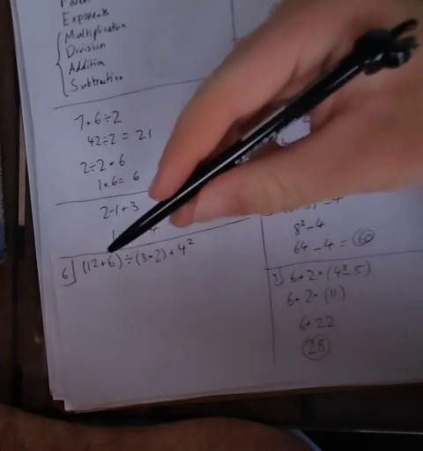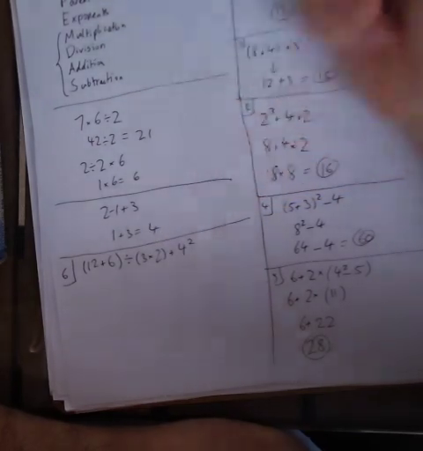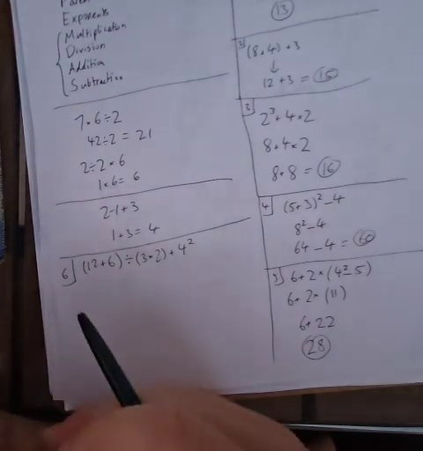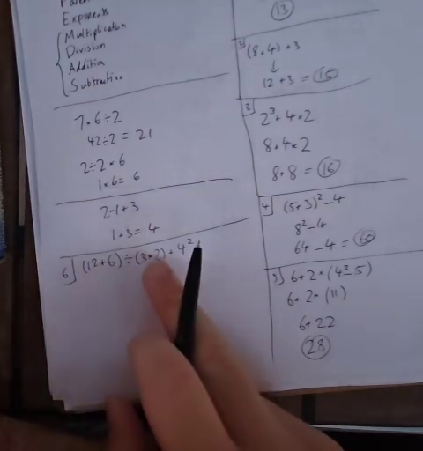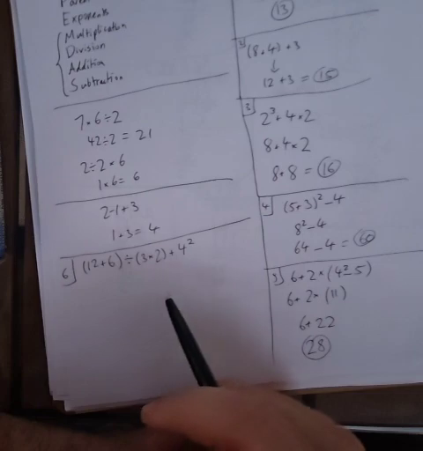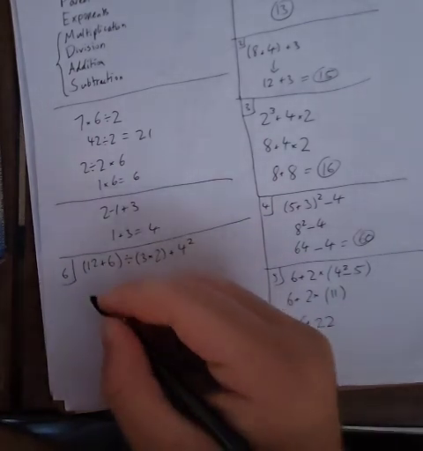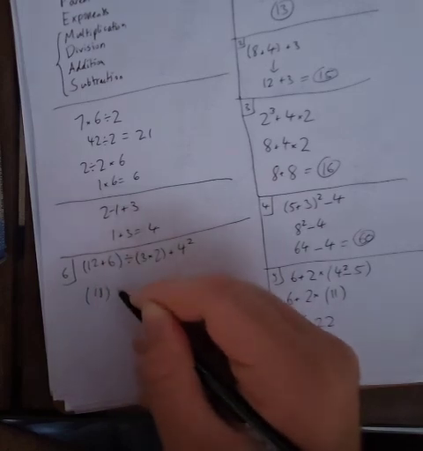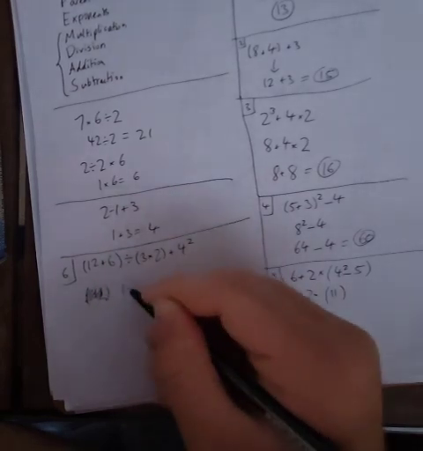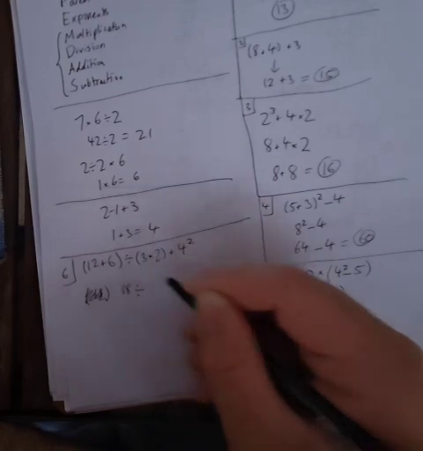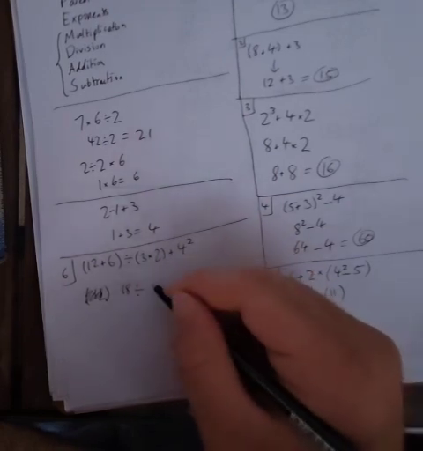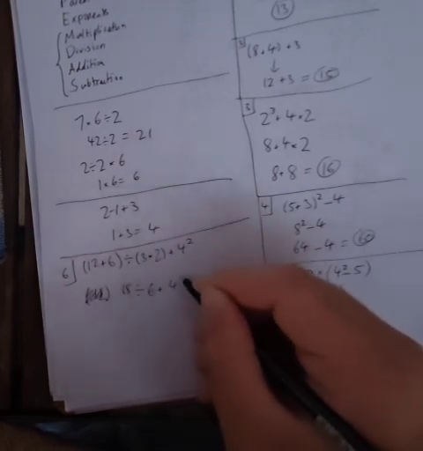There are actually two pairs of parentheses here, and we have to evaluate. There's no order like, oh, we have to evaluate this one first or this one first. No. As long as we get rid of the parentheses, it's all good. So 12 plus 6 is 18. 18 divided by, what's 3 times 2 plus 4 squared.